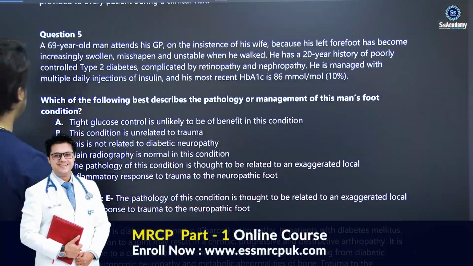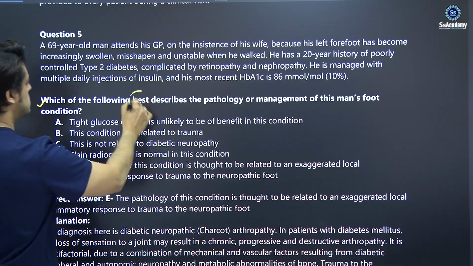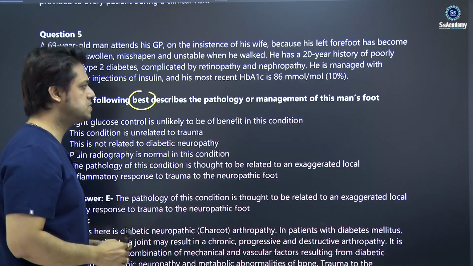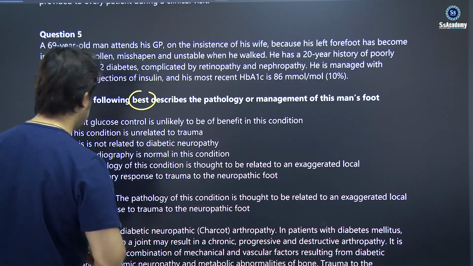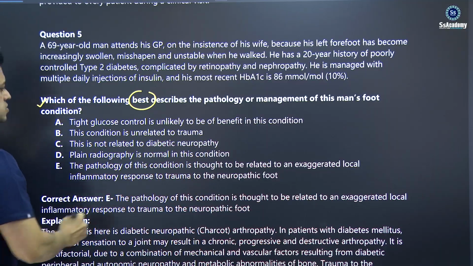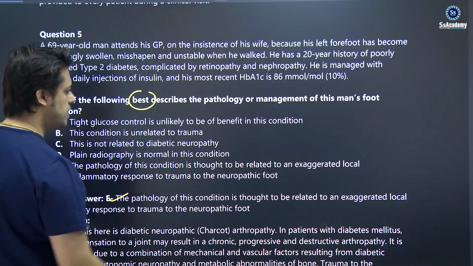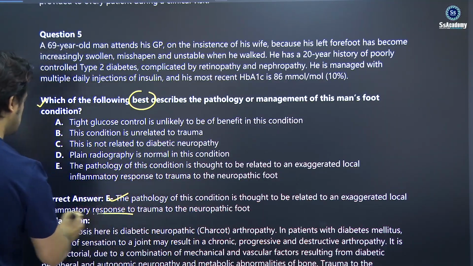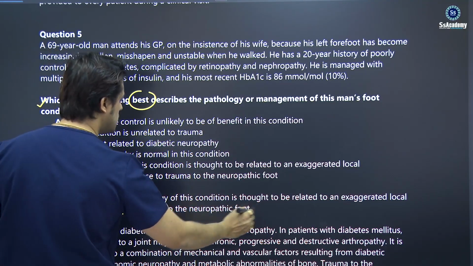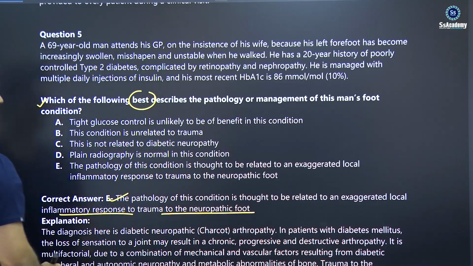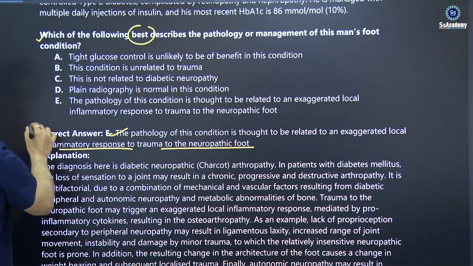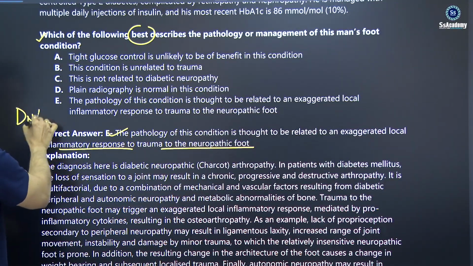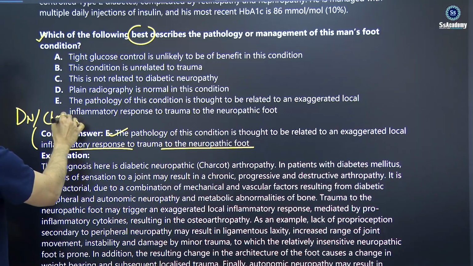Next question, number 5. Which of the following best describes the pathology or management of this patient's foot condition? Yes, my dear. The pathology of this condition is thought to be related to an exaggerated local inflammatory response to trauma to the neuropathic foot. It is nothing but diabetic neuropathy or Charcot arthropathy. So it's a single line: diabetic neuropathy leading to Charcot joints, my dear.